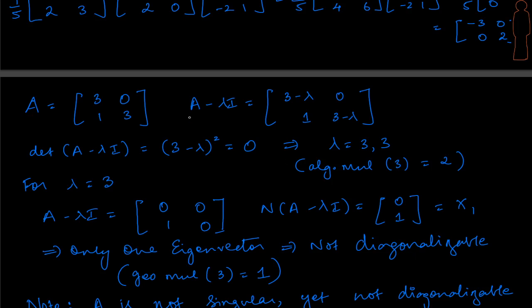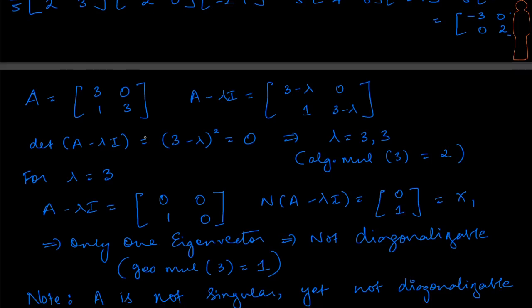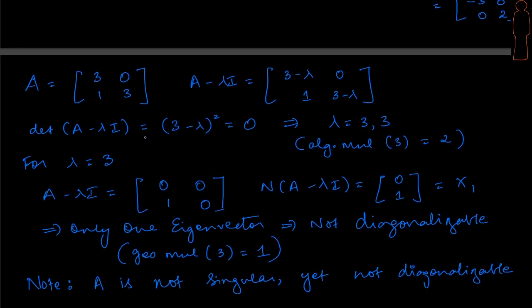I had a non-singular matrix, yet it is not diagonalizable, which means the property of diagonalizing does not depend on whether a matrix is singular or non-singular, but more on the number of linearly independent eigenvectors that we can bring out for that matrix. Right? So this is what we are noting. A is not singular, yet it's not diagonalizable.